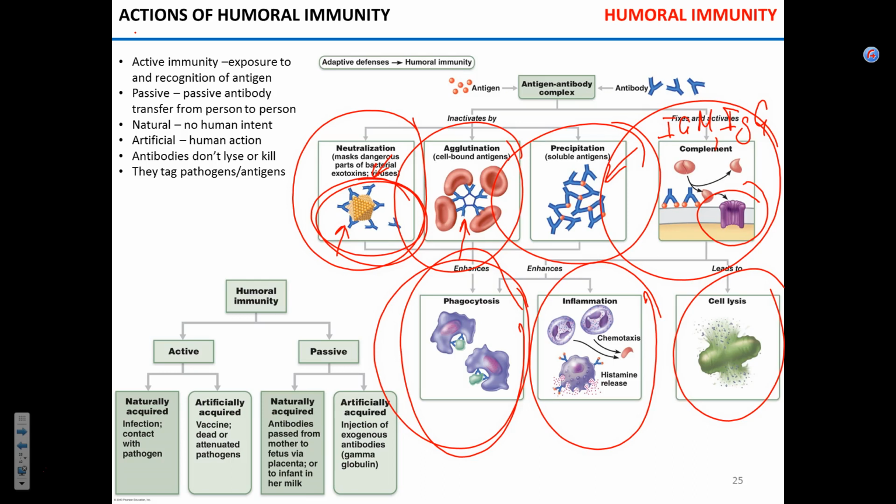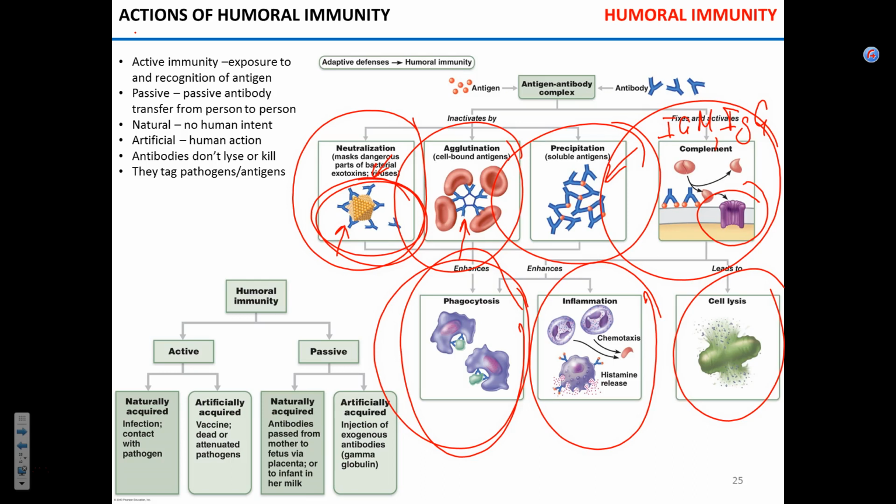But both these branches lead to opsonization of a pathogen. Both complement proteins and antibodies can opsonize. Does that make sense?